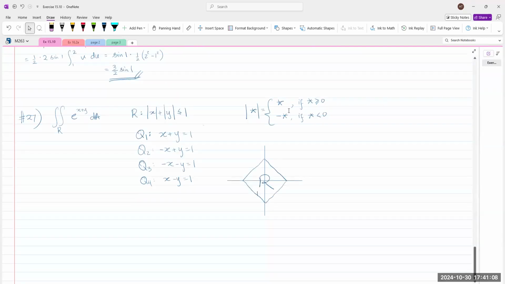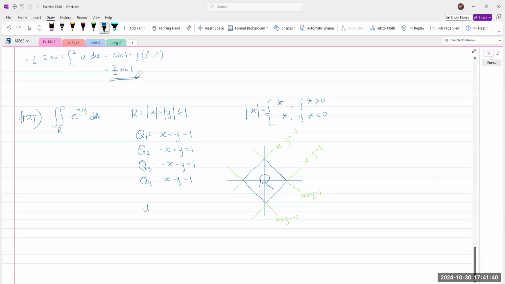Now let's do the transformation. But I think the transformation is already in front of us, because this is basically x plus y equals 1. This is x plus y equals negative 1. And this guy here is x minus y equals negative 1. This guy here is x minus y equals positive 1. That will be our transformation.